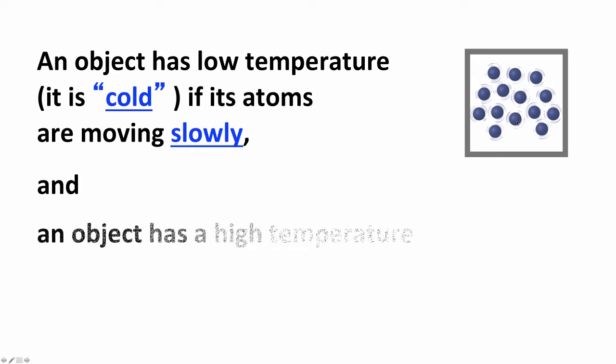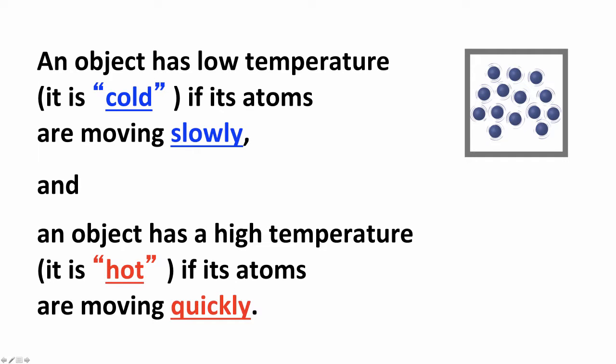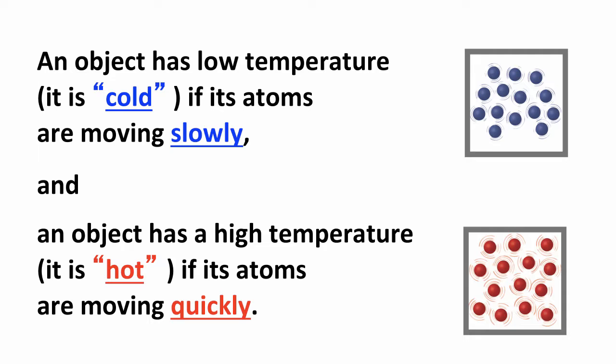If we have a high-temperature object, and we would say it's hot, then its atoms are moving more quickly. Here's a representation of a high-temperature object, and its atoms or molecules are moving faster.